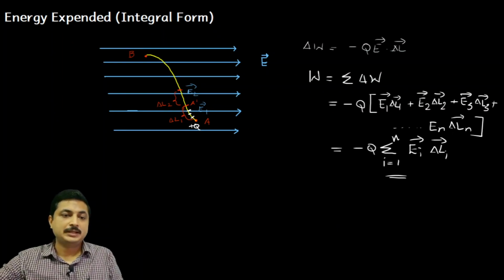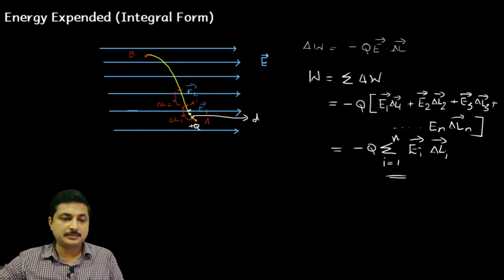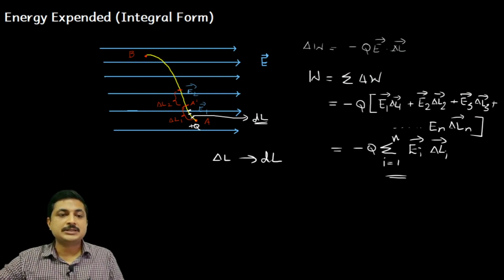In that case, these small paths can be noted as dl. My small path delta L now becomes dl because I have divided delta L into dl. It is now necessary to calculate the work done at every instant of dl. So the delta L vector becomes the dl vector.